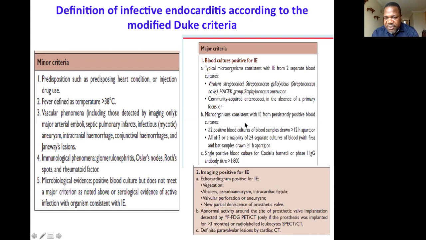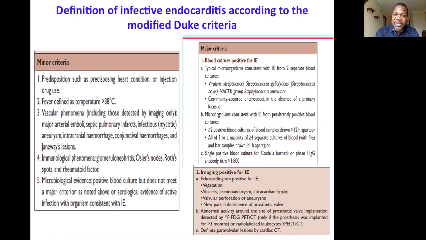Or we can have microorganisms consistent with infective endocarditis from persistently positive blood culture results. So you have 2 or more positive blood cultures from samples drawn more than 12 hours apart. Or all of 3, or a majority of 4 or more separate cultures, give you the same result consistently. So those blood cultures are consistently positive.